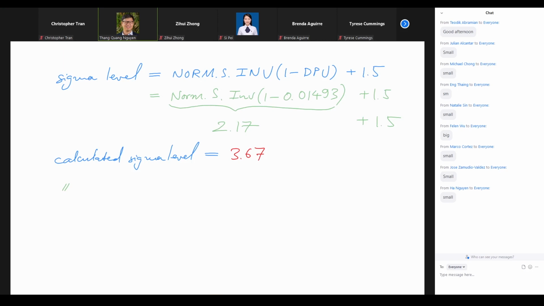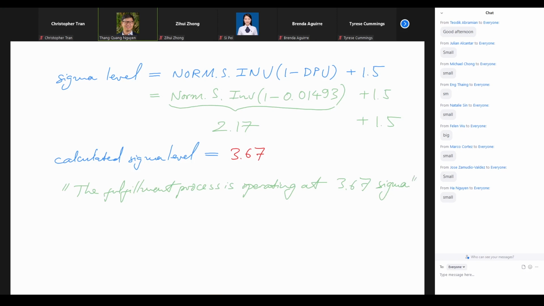So you can either say that the fulfillment process is operating at 3.67 sigma, right?